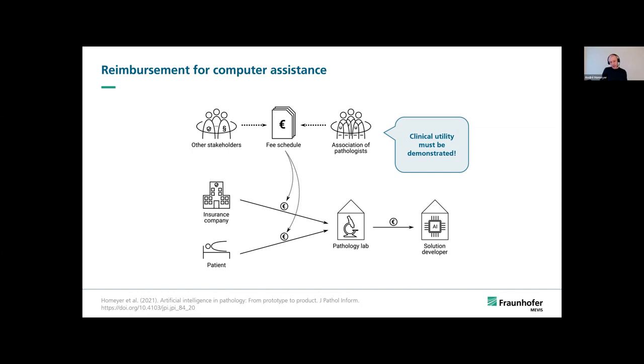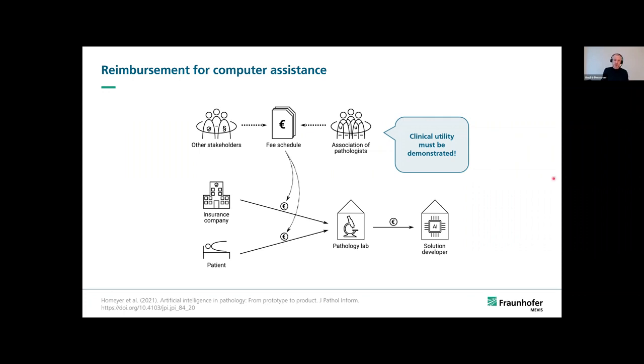It's a very complicated topic to understand, especially for small startups. When you as a startup want to introduce new codes in a fee schedule for your AI solutions, you need to involve a lot of different stakeholder groups. In particular, an important role is played by the associations of pathologists, such as the College of American Pathologists in the US or the Bundesverband Deutscher Pathologen in Germany.